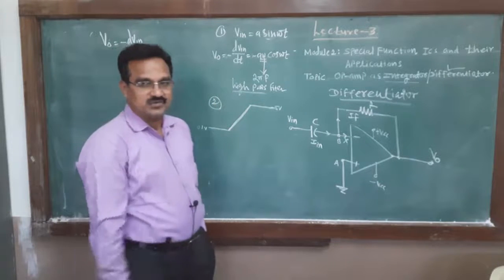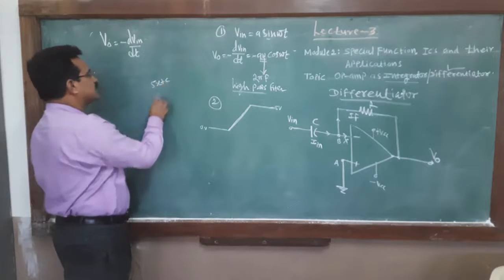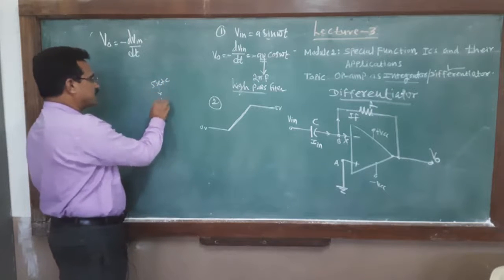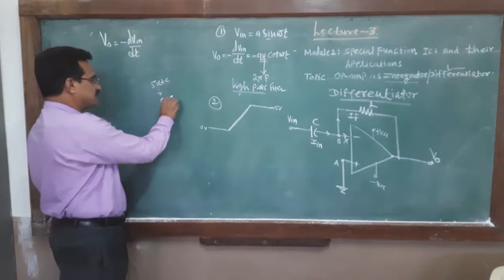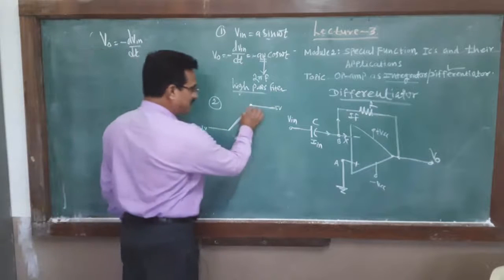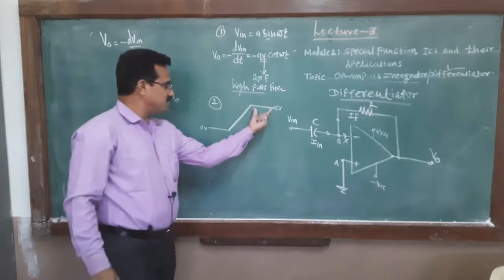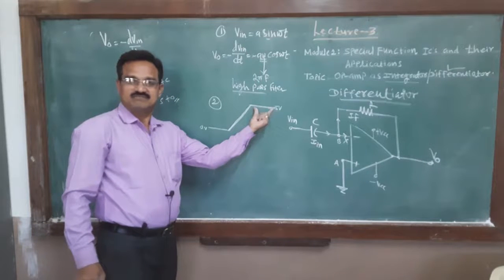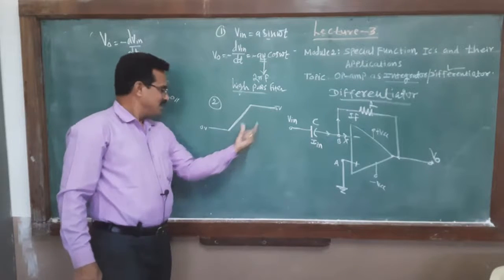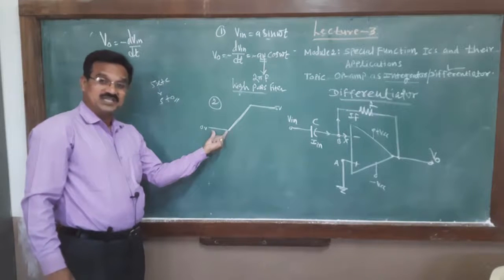What is the derivative of a constant? Suppose 5x plus c, what is the derivative of this? 5. And what is the derivative of c? 0. It means this part is constant, so the derivative of this part is 0. And this part is again a constant, so the derivative of this part is again 0.